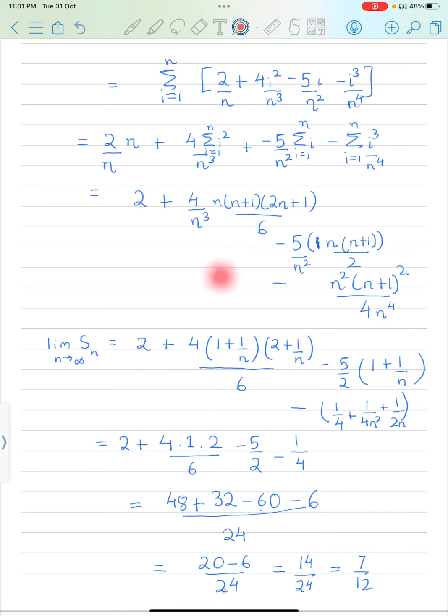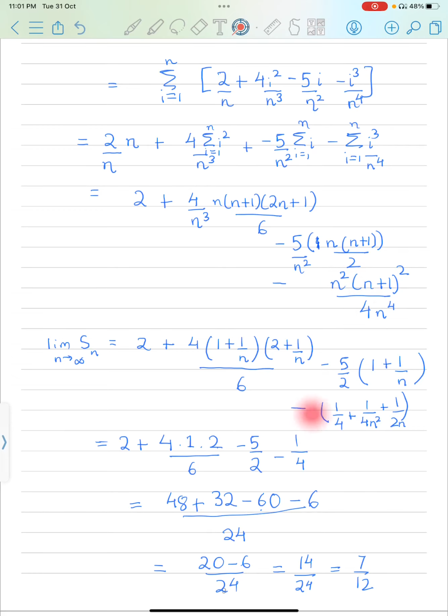Now if you take the limit n tends to infinity, first see that if you divide by n cubed, n will cancel out. This will be 1 plus 1 by n, then 2 plus 1 by n. This will be minus 5 by 2, 1 plus 1 by n. You can see here that we divide by n squared here, and divide by n to the 4 here.